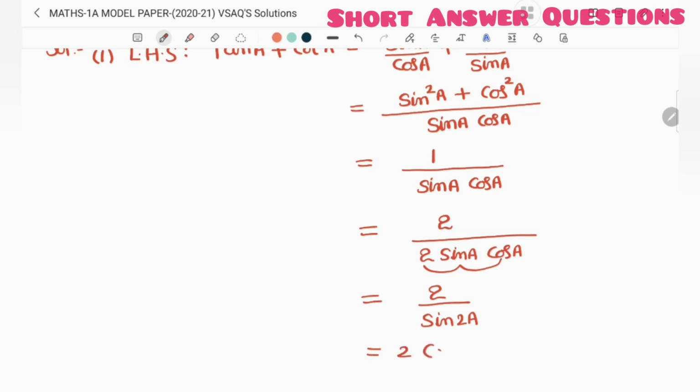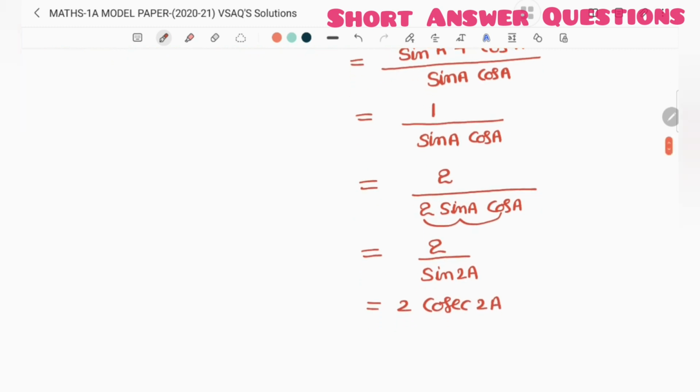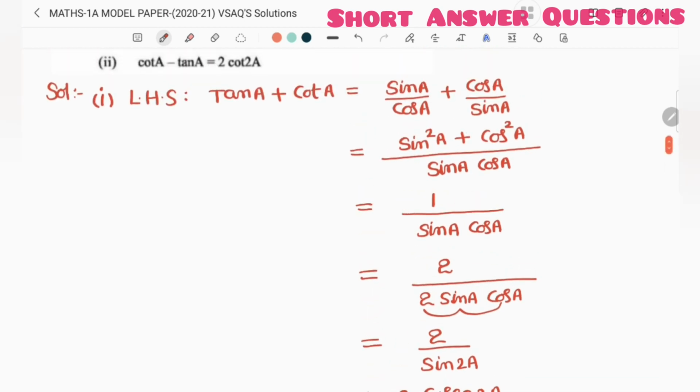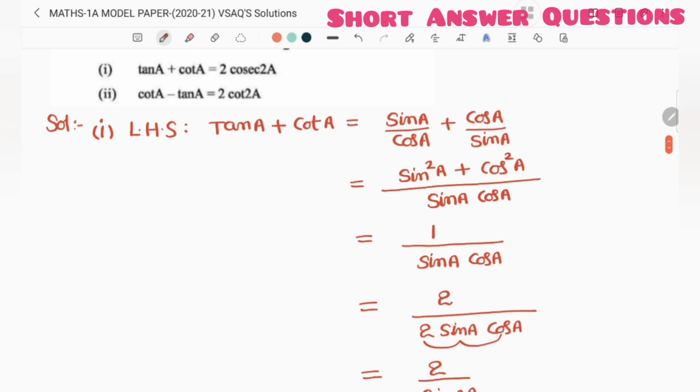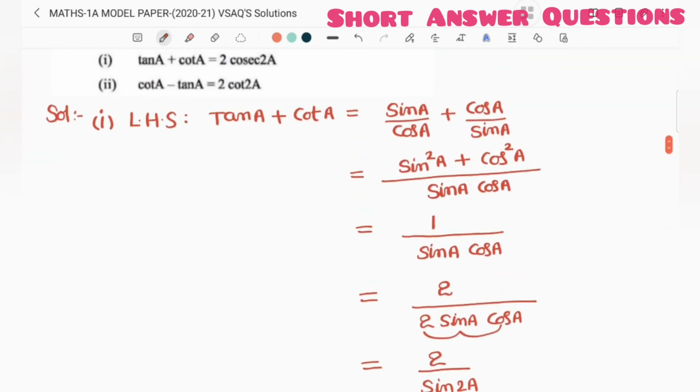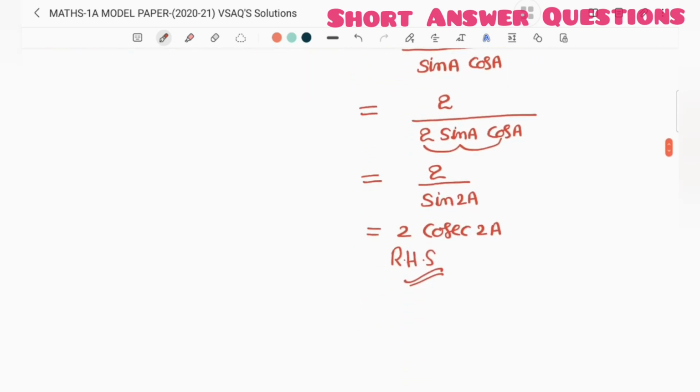So 2 into cosecant 2A, RHS. First question completed. So tan A plus cot A is equal to 2 into cosecant 2A. That's what we proved. Now consider the second one, cot A minus tan A.